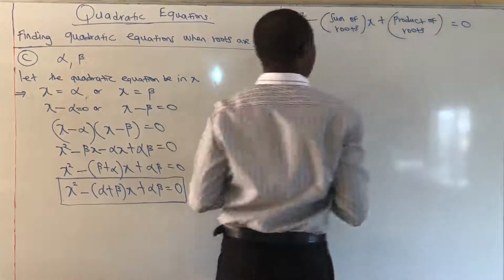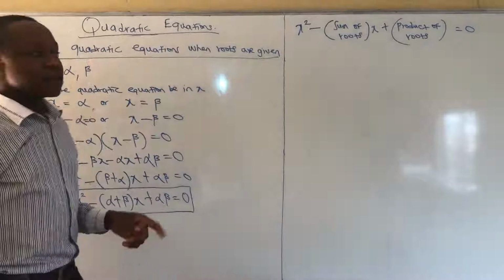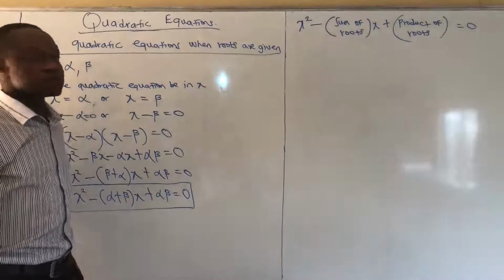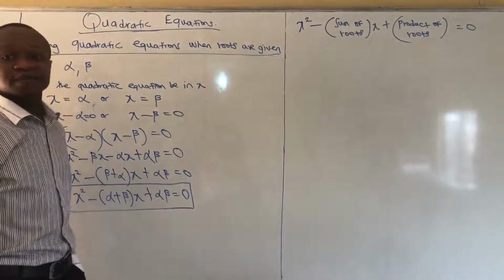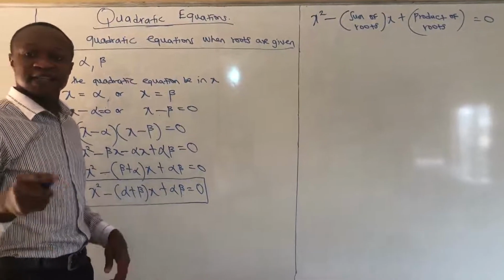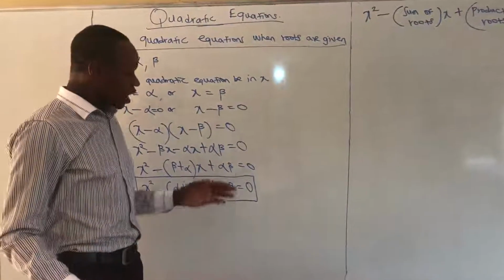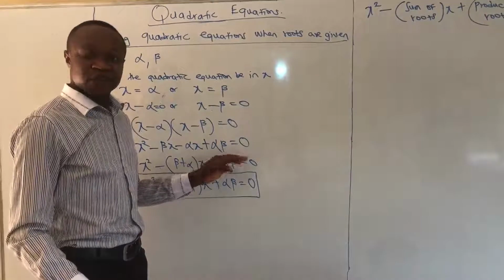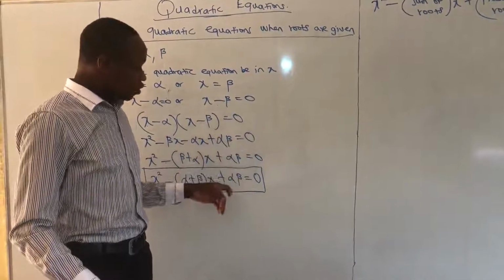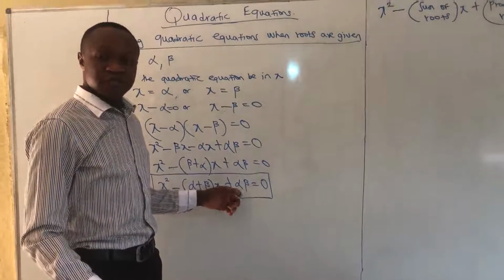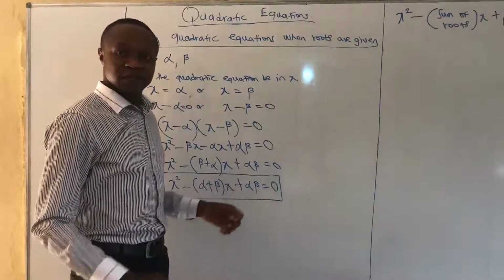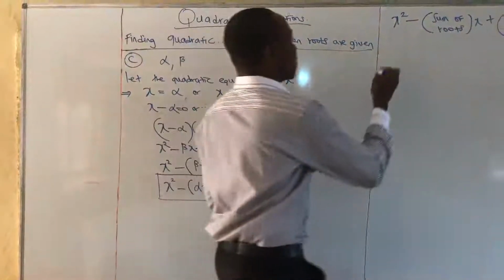This is how any quadratic equation whose roots are given would look like. Now we'll take example 1 and example 2, and you will see the difference. The first method is correct, but most of the questions will be easily solved following this pattern. Let's go back very quickly.